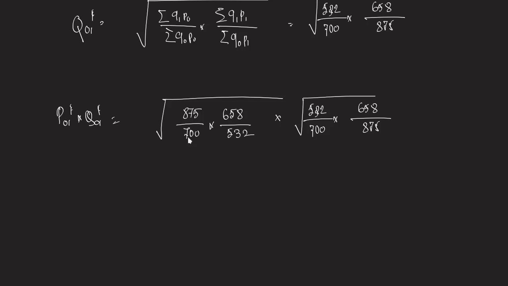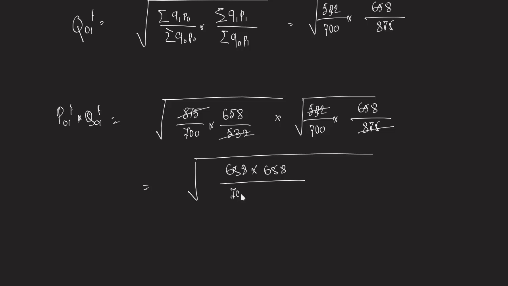So when we multiply, this will get cancelled. 700, 875 and 875 will get cancelled. So this will give root over, above there are two 658, below there is 700 into 700. So this will be 658 by 700.